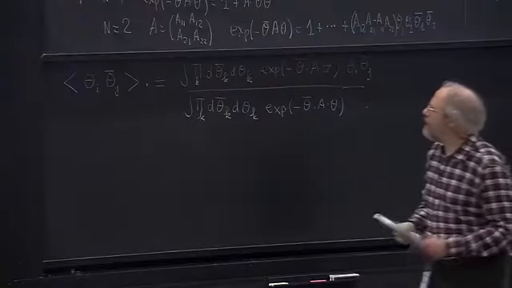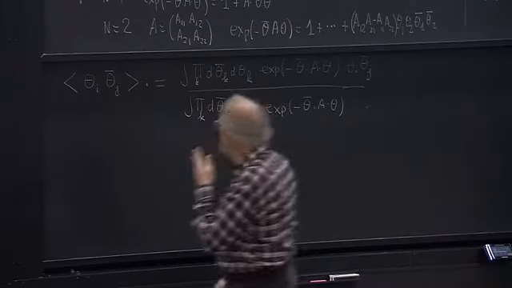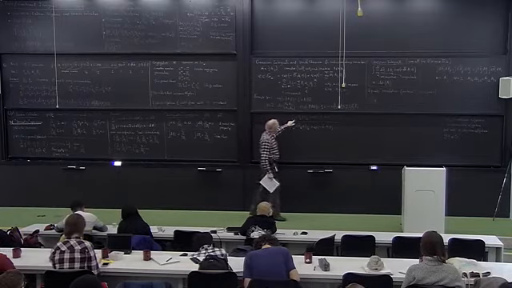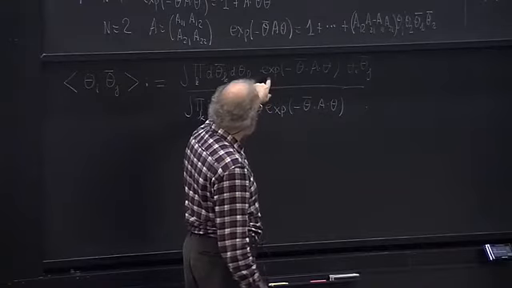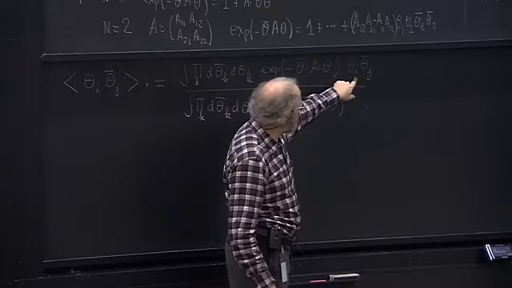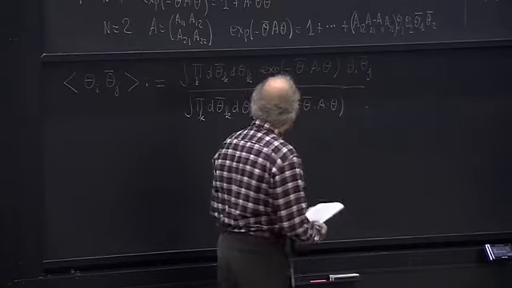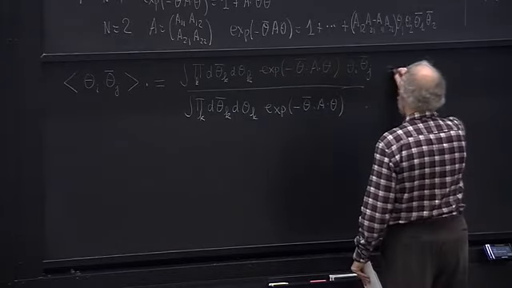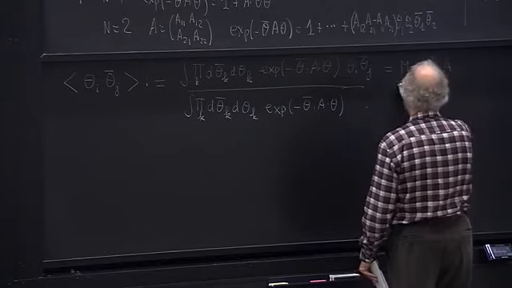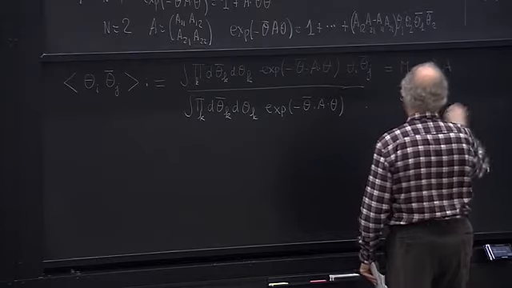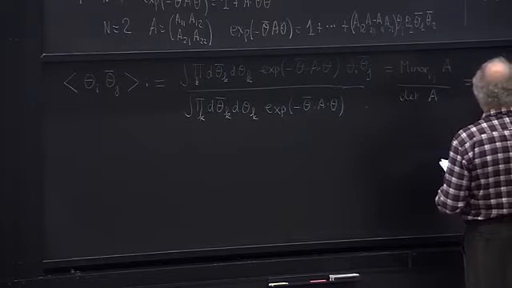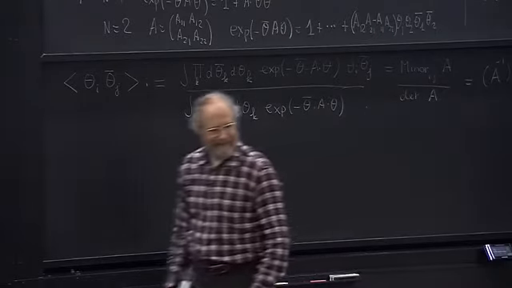Okay. So now let's go back. You can do the calculation here. And you see that when you compute this integral, you have to take into account all the products of A but the one that contains theta I, theta g. So in fact, you can get that this is equal to the minor Ig of the matrix A divided by the determinant of A. And therefore, this is just the matrix element Ig of the inverse of A. You see?